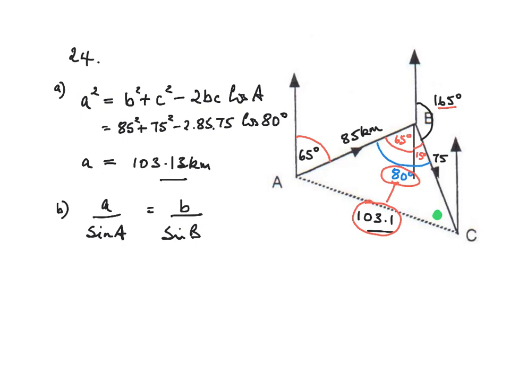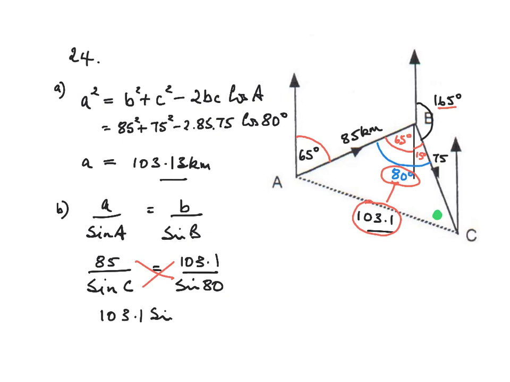So 85 over sine, let's call it sine C, equals 103.1 over sine of 80 degrees. Cross multiply, so 103 sine C equals 85 sine 80, and then sine C equals 85 sine 80 divided by 103.1.